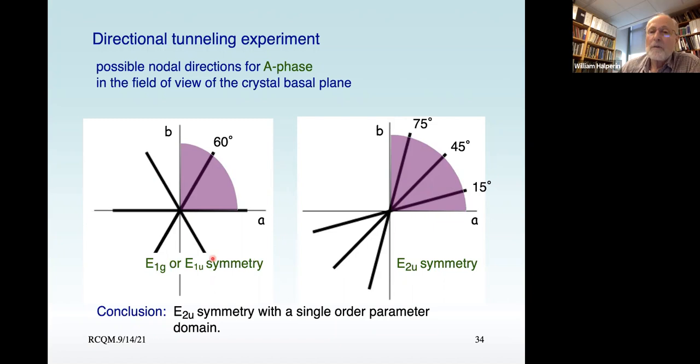But that's not the case. There's only one node that's observed in the Strand–van Harlingen experiment, and that proves that you only have a single domain. So that is very interesting on fairly significantly sized samples of the superconductor, that they're single order parameter domain.